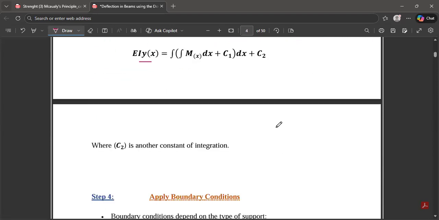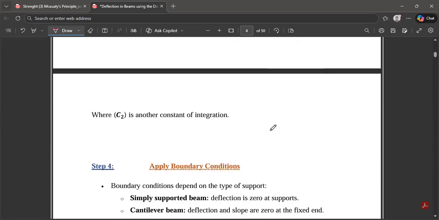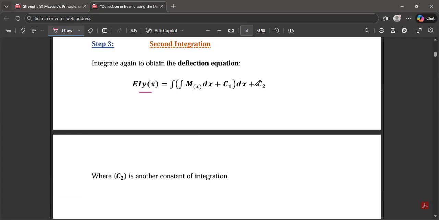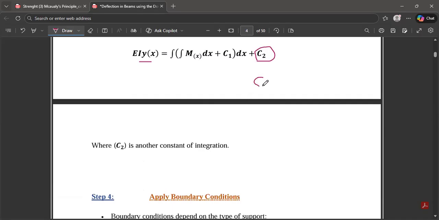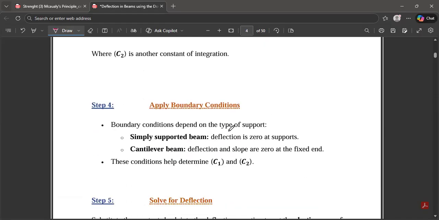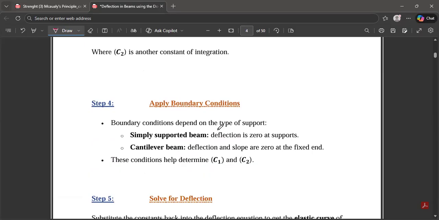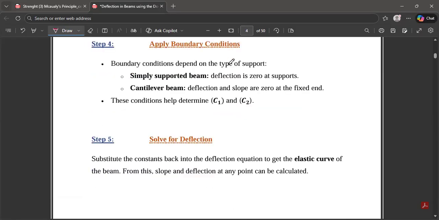And in the step 4, but even before step 4, the value of our C2 is another constant of integration. But remember that always your C2 is going to be equal to what? 0. Okay, let's look at step 4. In step 4, we have to apply the boundary condition. And boundary condition depends on the type of support.